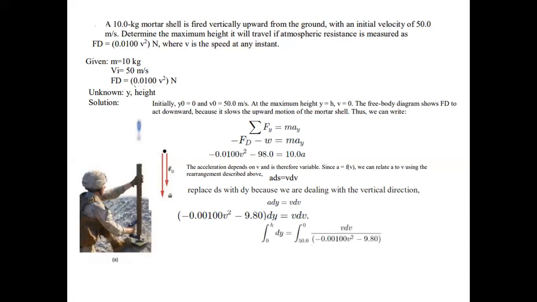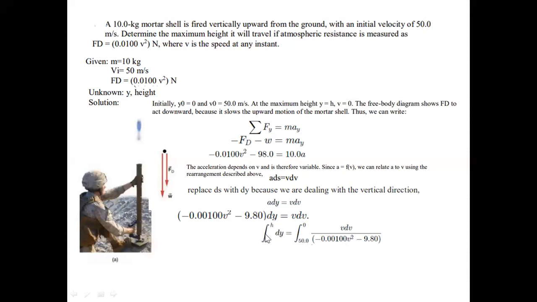Now, if we divide both sides by negative 0.001 v squared minus 9.8, this gives us dy equals v dv all over negative 0.001 v squared minus 9.8.